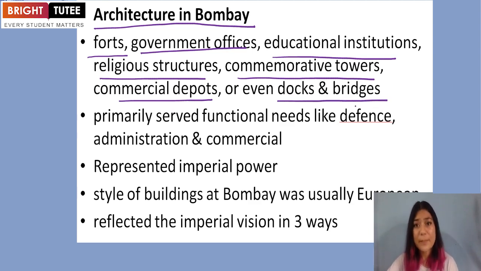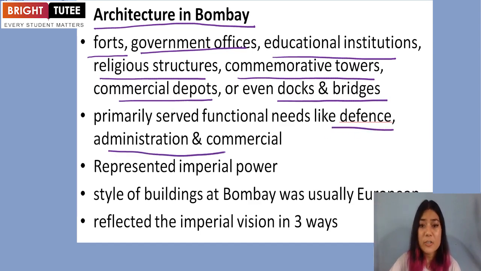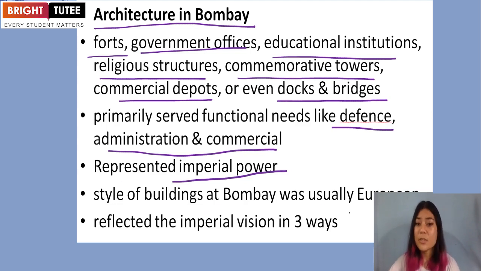These were built primarily for defense, for administration, and for commercial activities. These buildings were built to represent the power of the British government, the imperial power. The style of the buildings at Bombay was usually European style.